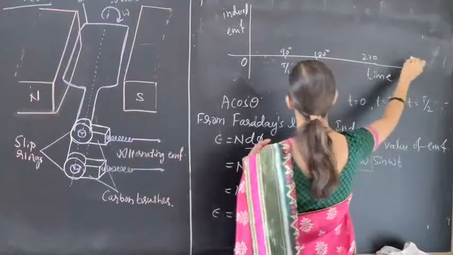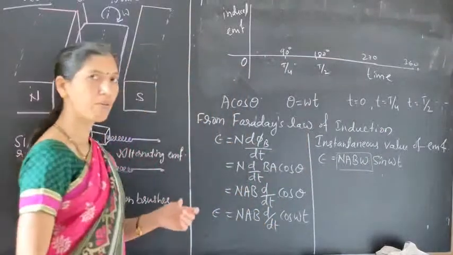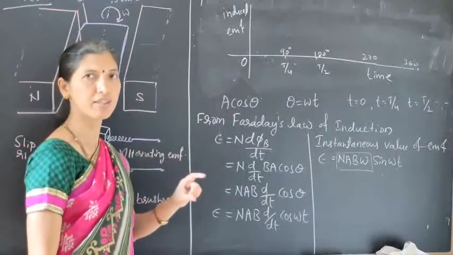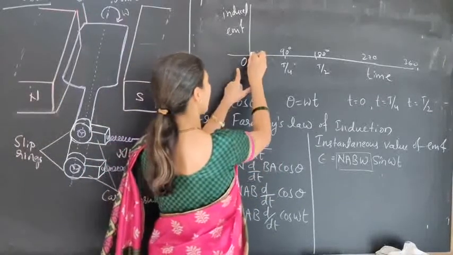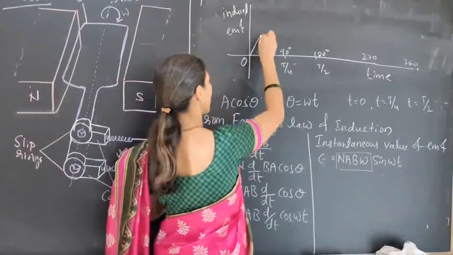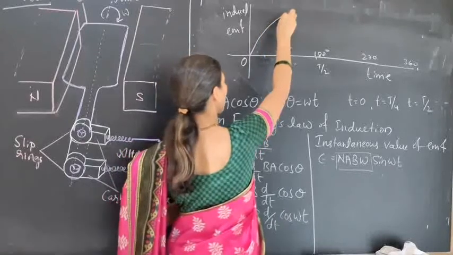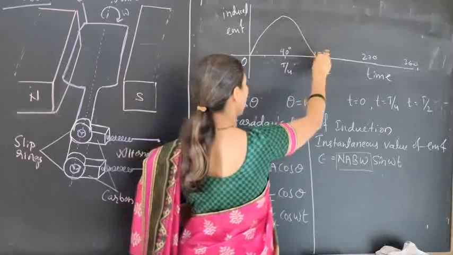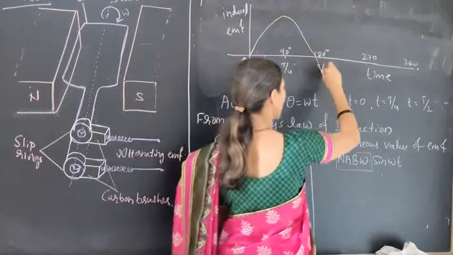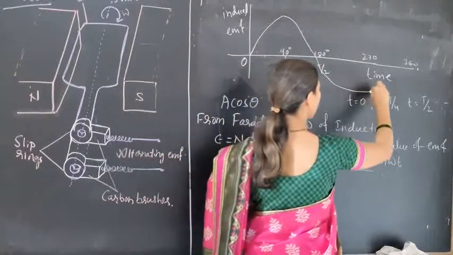So when the armature rotates, at time t equal to 0, the induced EMF starts to increase. It reaches maximum and again starts to decrease. Then the same process continues like this.